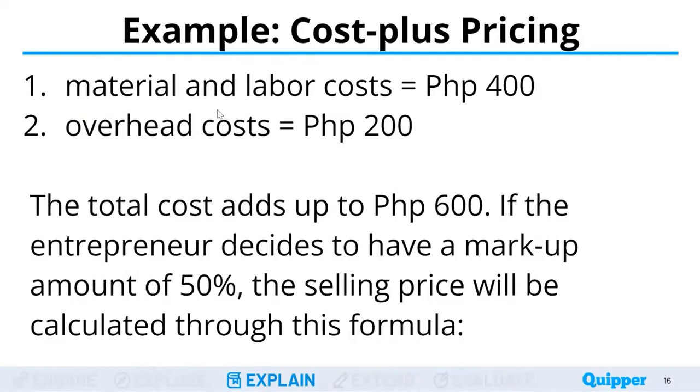Yung mga kailangan pa din natin pero hindi directly involved in creating the product. Like, yung mga security guards, mga accountants natin, marketing, hindi naman sila yung gumawa ng product, pero they are necessary and significant in the business. Okay, so meron tayong 400 for material cost and 200 for overhead cost. So the total cost will be 600.